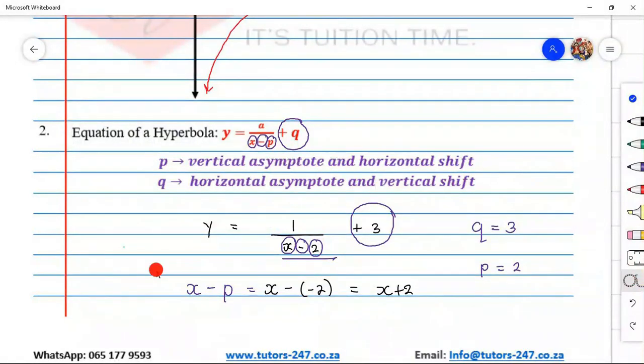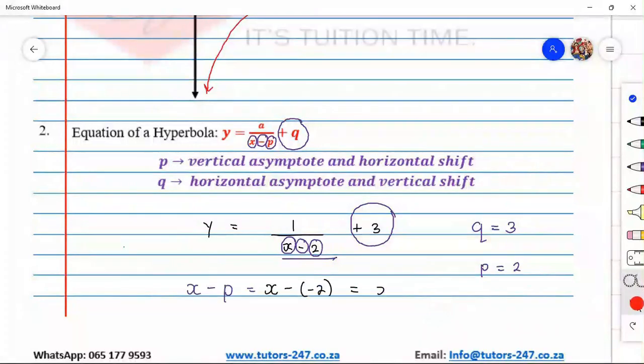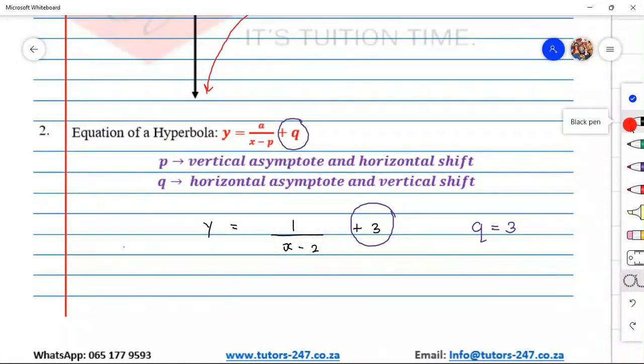Now, an alternative way of extracting p would be to create an equation. So let's do that quickly. If we look at the denominator of our fraction, x minus 2, all we can do is equate it to 0. So x minus 2 equals 0. From there, we solve and we know that x equals 2.